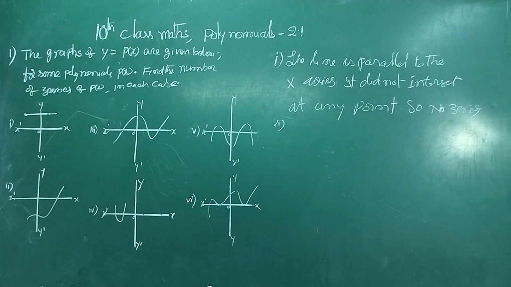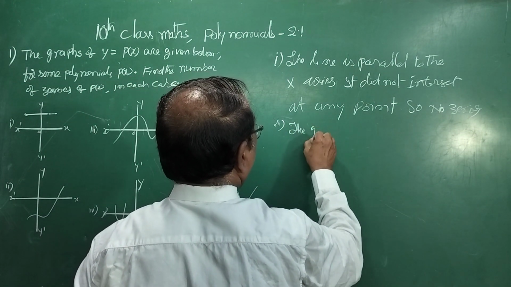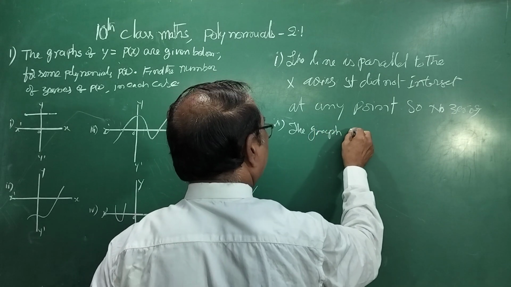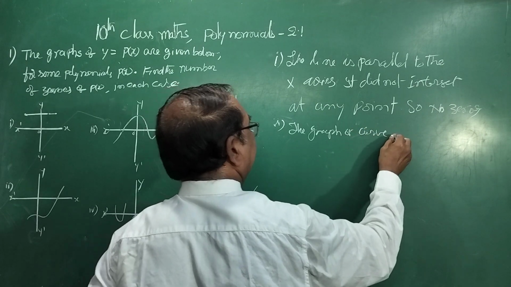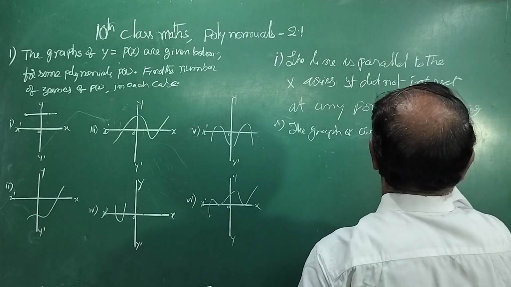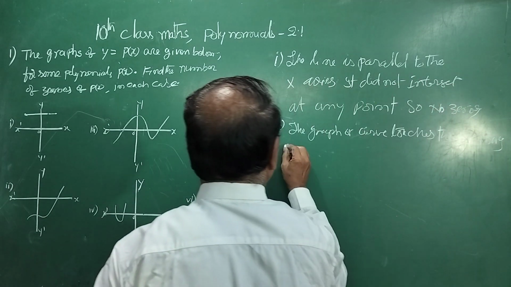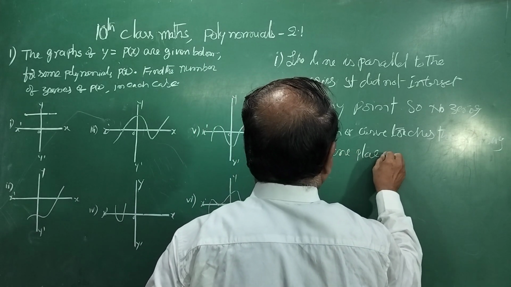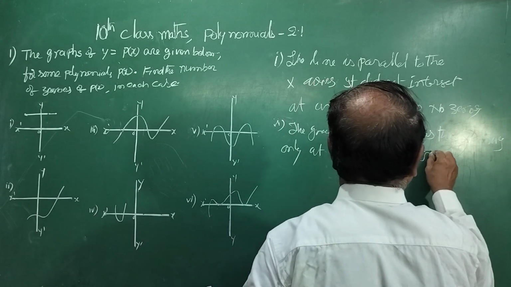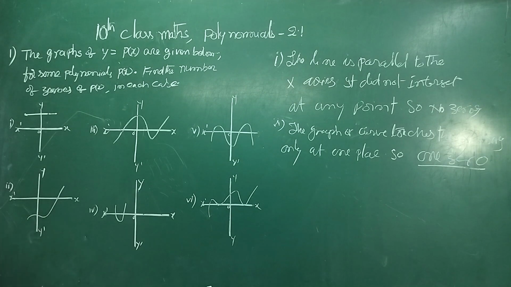At only one place the graph touches the x-axis. So 1 zero. That is the answer. Only 1 zero.